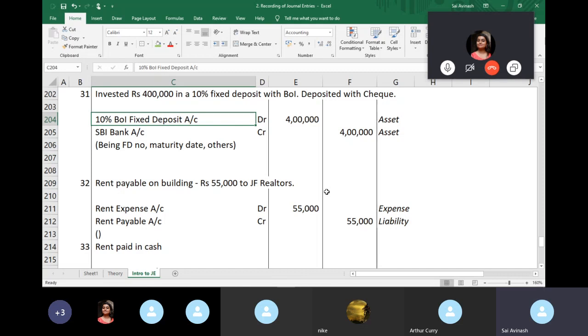So tomorrow, say I open three more accounts with three different banks at three different interest rates. It makes perfect sense for me to create, say, a 6% Axis Bank fixed deposit, a 12% Bank of Baroda fixed deposit. The account name will tell me which bank I made a deposit in.